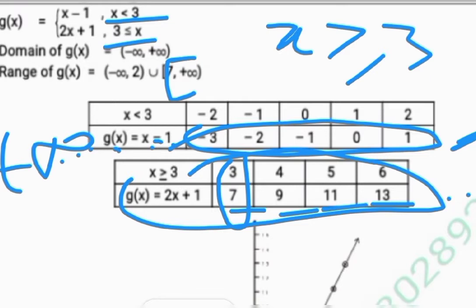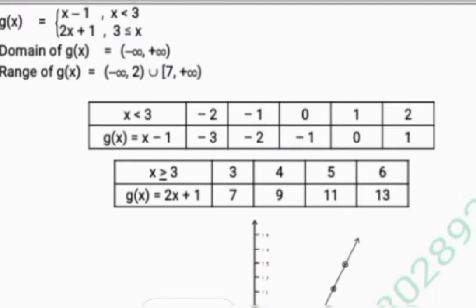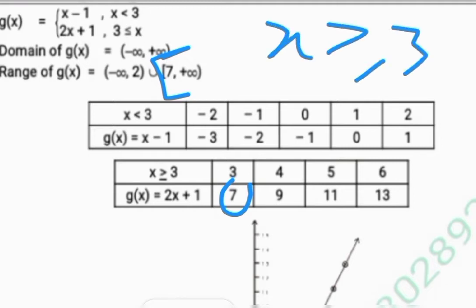At 3 there is value 7, so we will mark a square bracket at this 7, because there is a greater than or equal to sign.